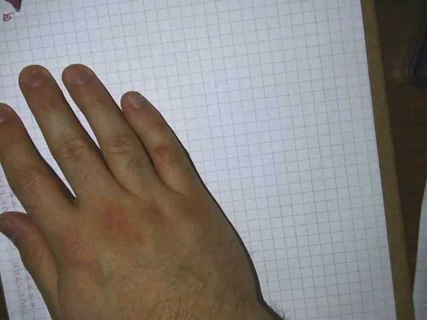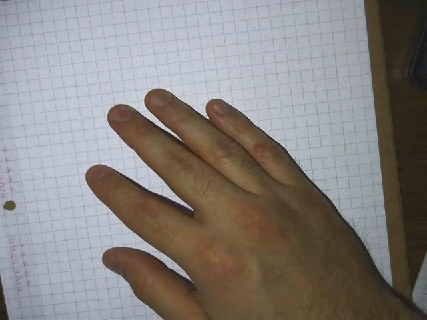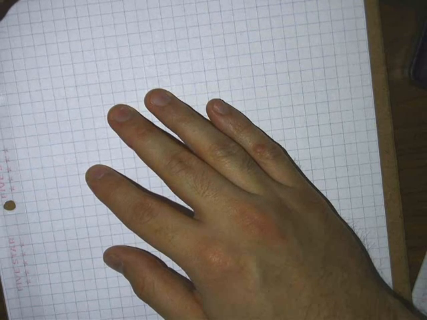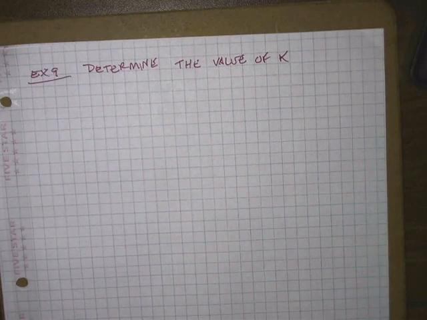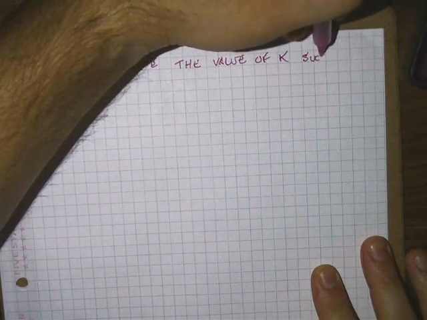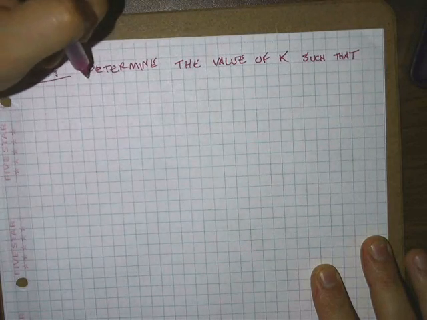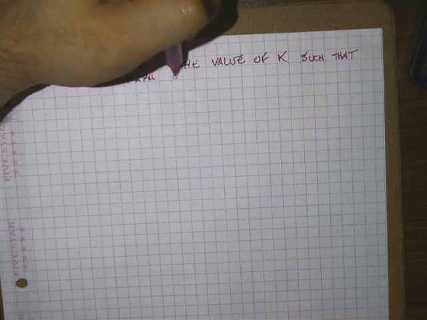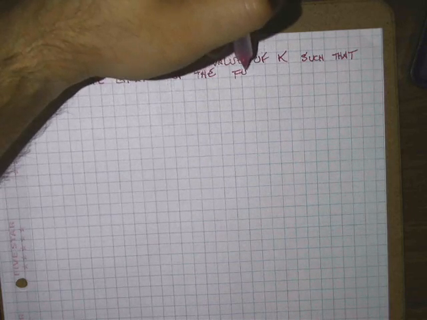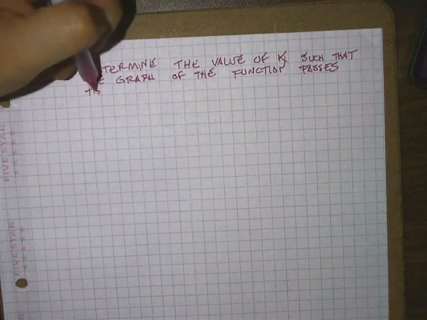This is example 9. What we're doing here is: determine the value of k such that the graph of the function passes through the given point.